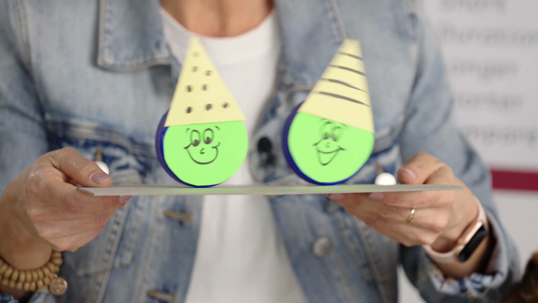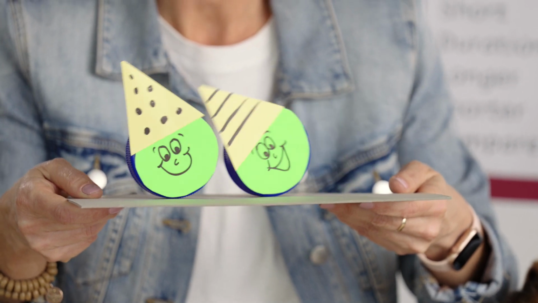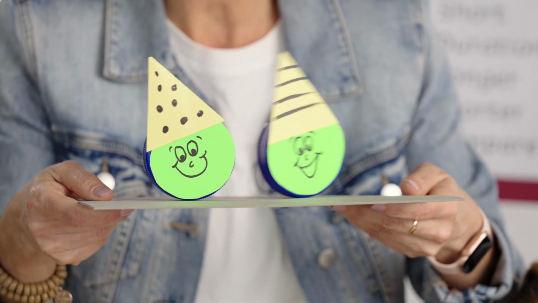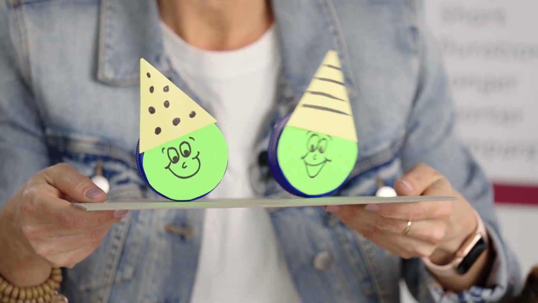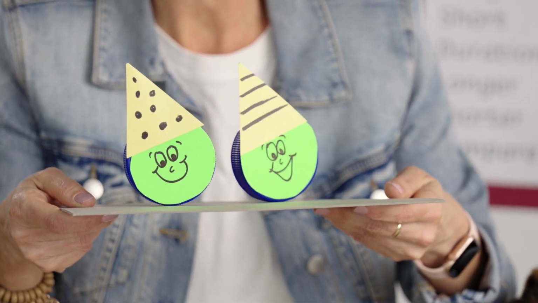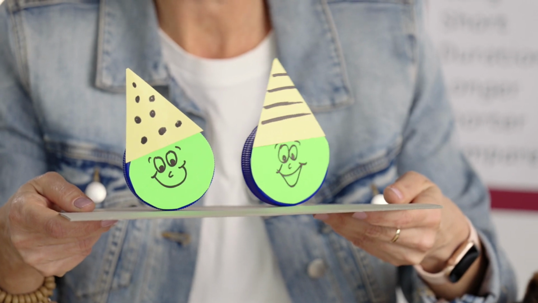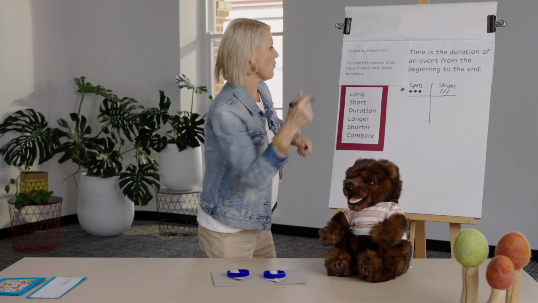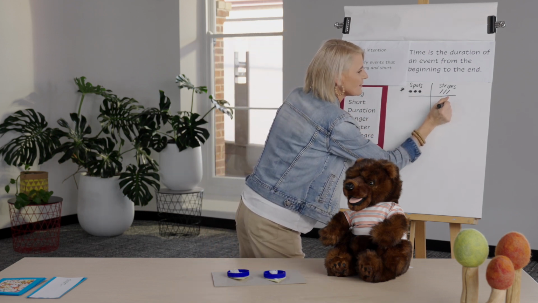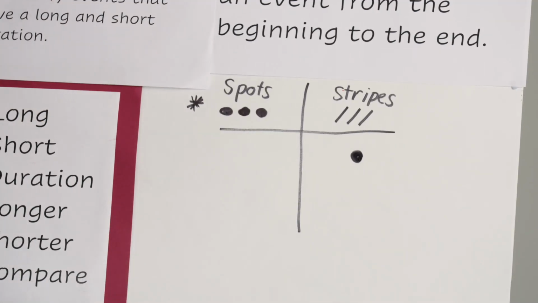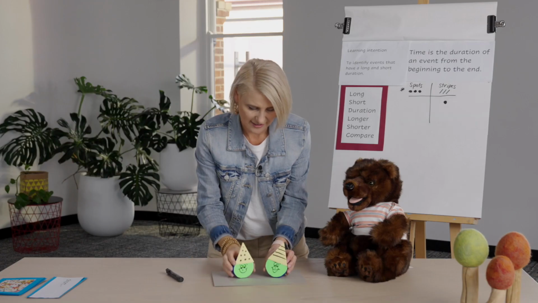Which one's going to go for the longest duration? For the longest amount of time? Oh, I think it was the stripy one. Great, let's pop that down. We're going to put one here for the stripes. Okay, let's try again.